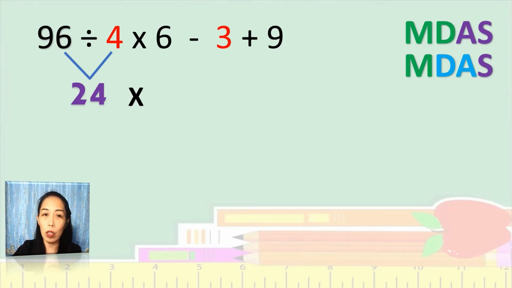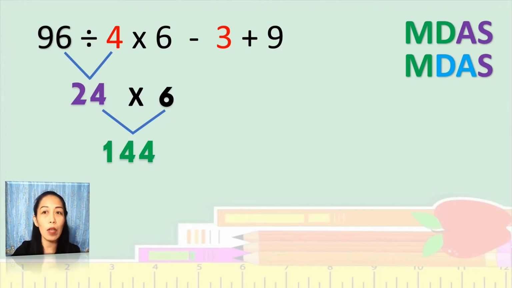Atong butang ang times. So, unsa atong i-multiply sa 24? Ang 6. Yes, very good. So, 24 times 6, that would give us 144. So, we're done with M and D. So, we will now move to AS, kay MDAS man.